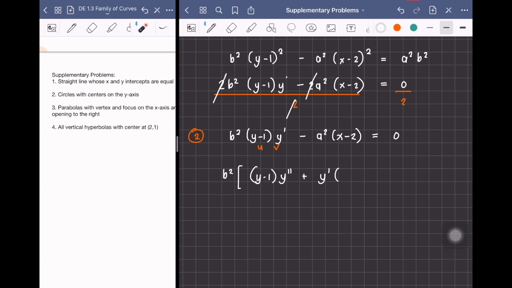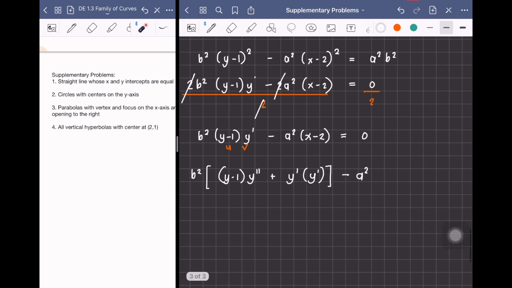The derivative of y minus 1 will still be y prime, and 0 for the 1. Close brackets. And then minus, we copy again a squared, multiplied with the derivative of x minus 2, which will simply be 1. Equal to, for the right side, still 0.